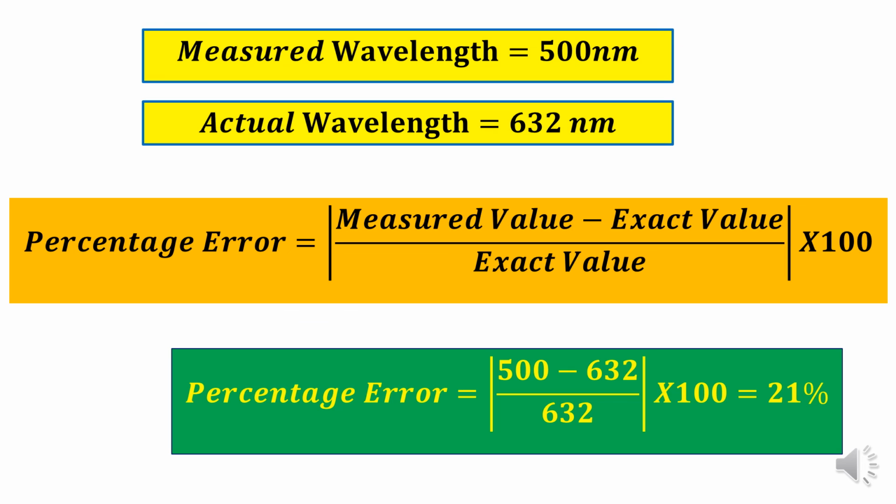It is up to you. You can perform the experiment for 30 fringes also. In this way, we can measure the wavelength of a He-Ne laser using the Michelson interferometer. Thank you.